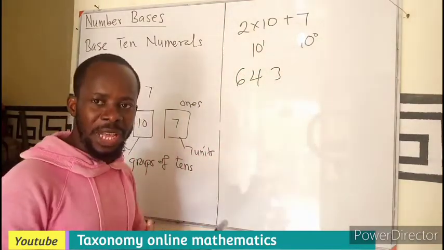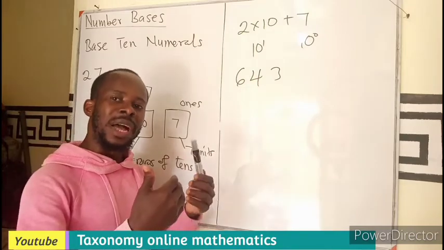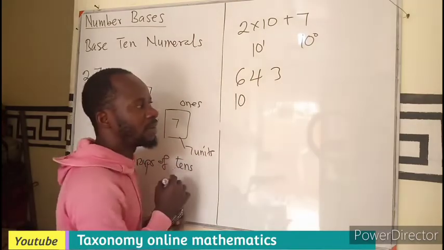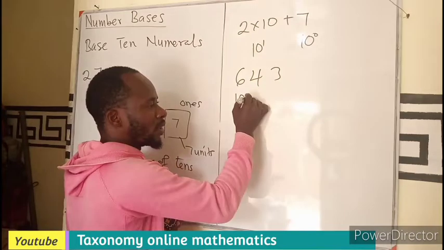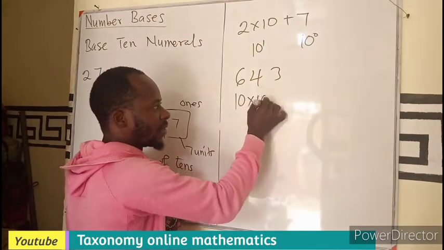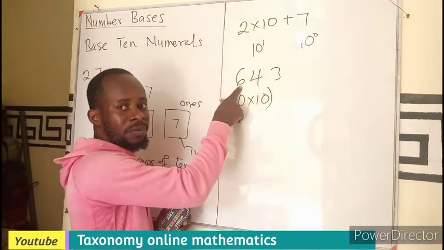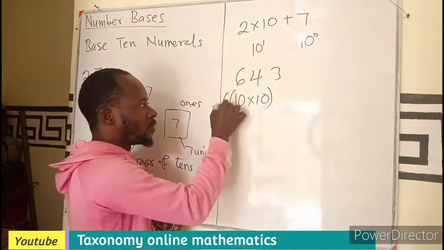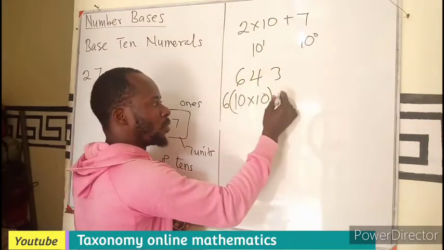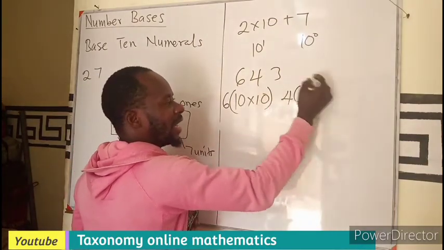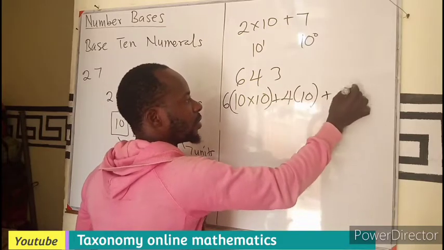What do you think the place values in terms of indices will be? 10 times what? 10. Let's say if I have this, that's 10 groups of 10 as a place value, but there are 6 of them. So I have this. This is also going to be 4 groups of 10, and this becomes the unit.